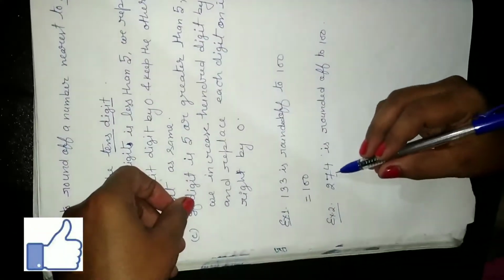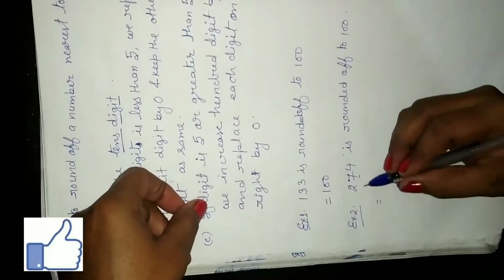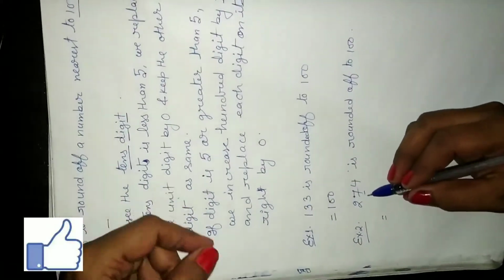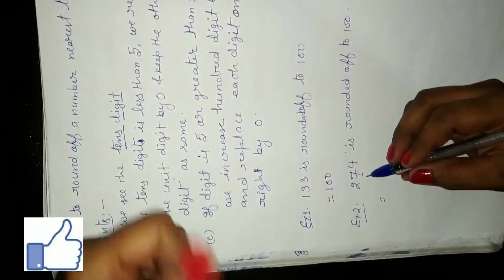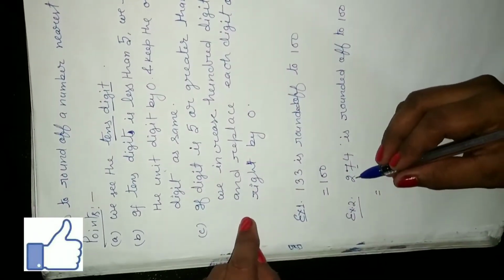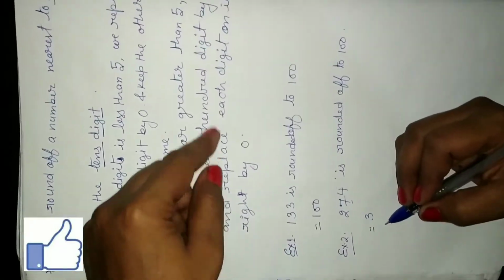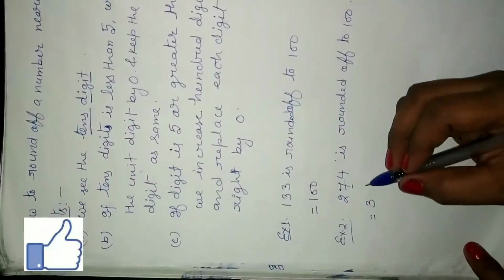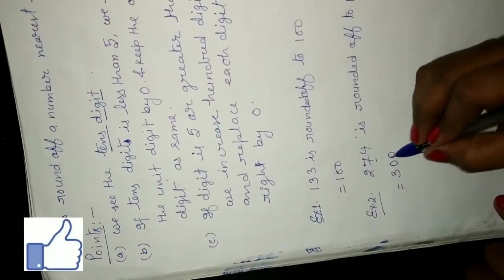Here the hundred digit is 2, so 2 plus 1 is 3, and replace each digit on its right by 0. So 300.